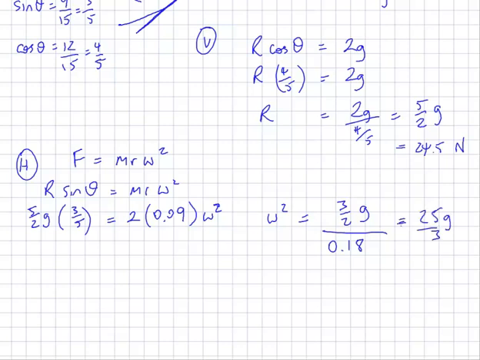That works out as 25g/3. When we square root that, we end up with 5 coming outside the square root and g/3 staying inside. So we have shown that the angular velocity of the particle is 5√g/3, and that's radians per second.